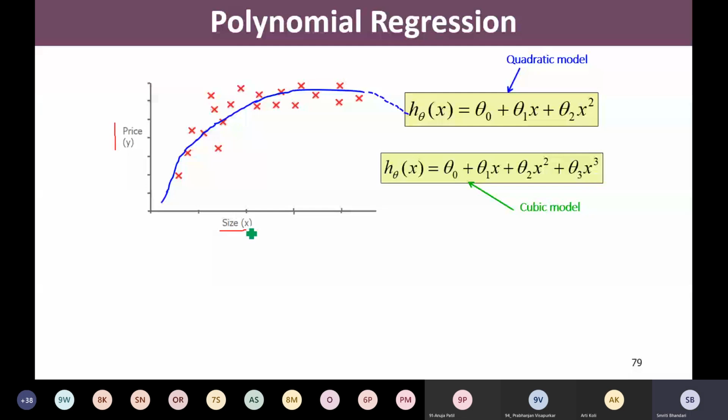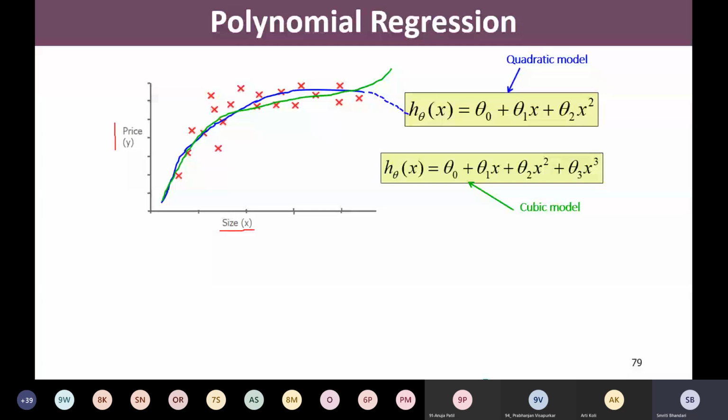No doubt we have a single feature, but with that single feature we are adding a few more terms in our hypothesis. One is the square term, another is the cubic term. So this hypothesis is the cubic model, a cubic function. And if I try to fit this model with this data, I will get something like this. This is a cubic model.